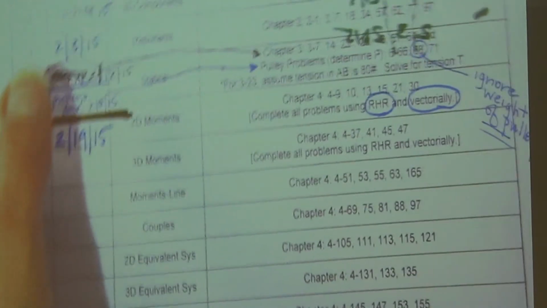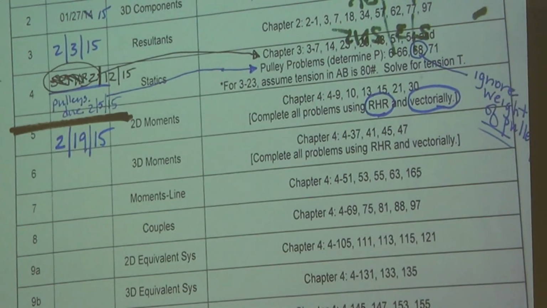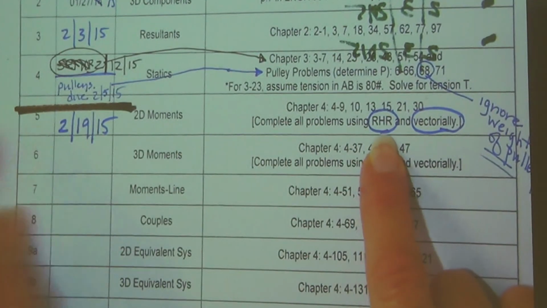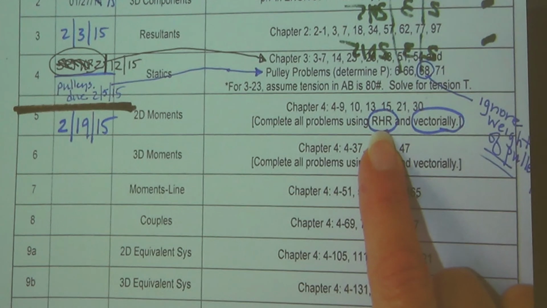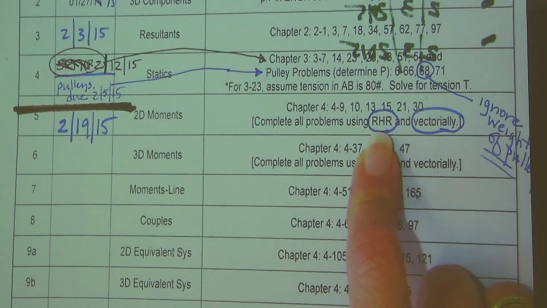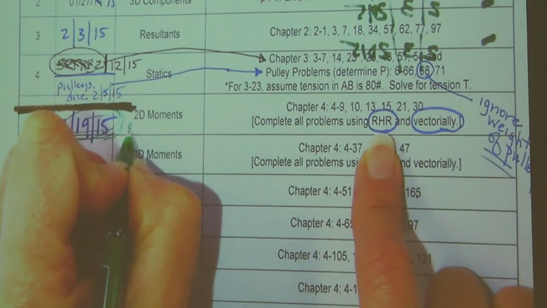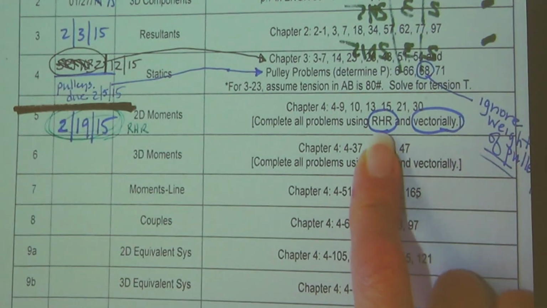Okay, remember that the homework problem that I assigned is homework 5. You only have to do the right-hand rule so far. So right now, you only know the right-hand rule. You're still going to have the whole homework due here, but right now I'm assigning the right-hand rule part.